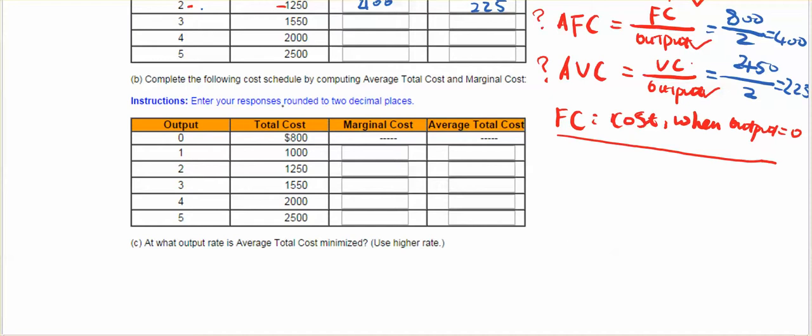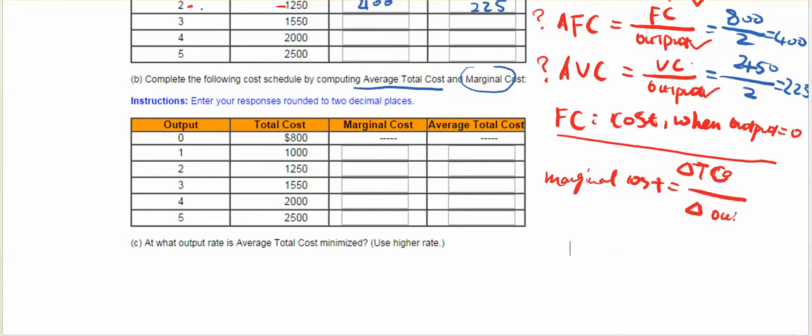Compare the following cost schedule by computing average total cost and marginal cost. We know how to calculate average total cost, but how about the marginal cost? Based on the formula in the textbook, the marginal cost equals the change of the total cost divided by the change of output.